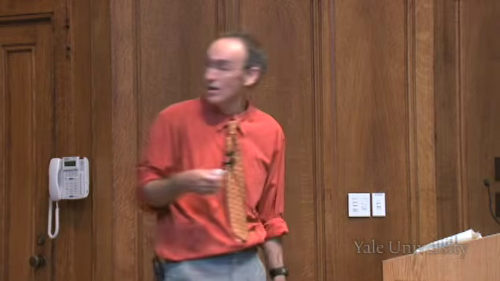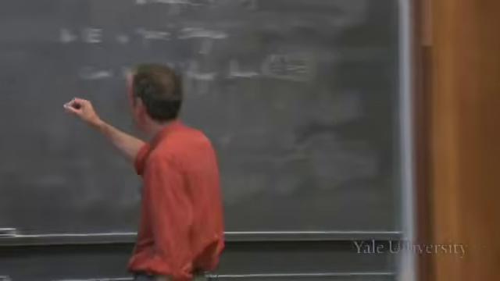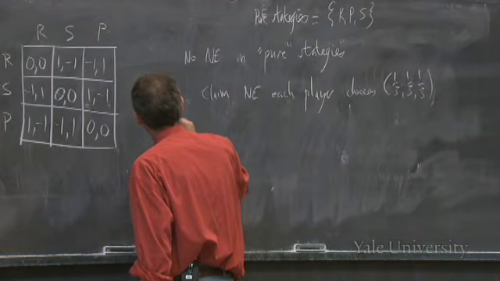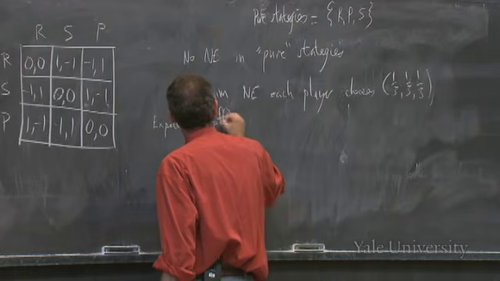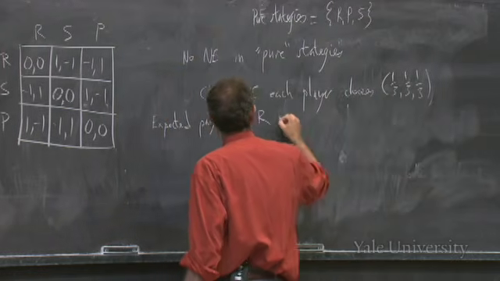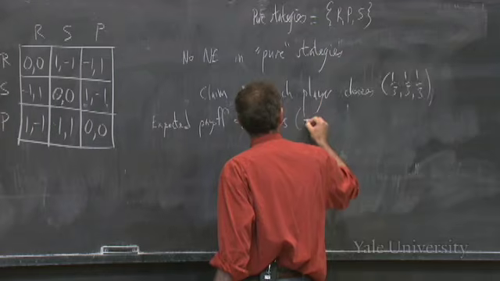Let's figure out what, in fact, is the payoff to each of the pure strategies against this. So what I'm going to do is show you that this will, in fact, be a Nash equilibrium by showing you payoffs. All right, so what's the expected payoff of rock against a third?